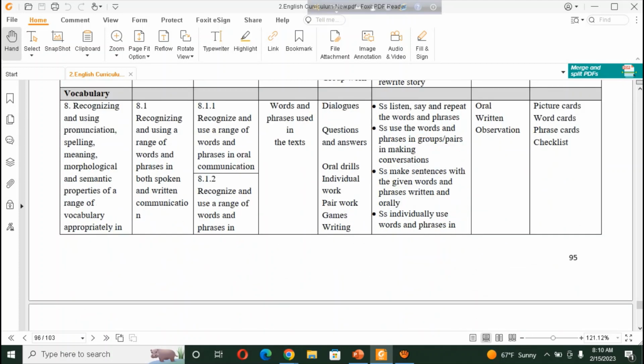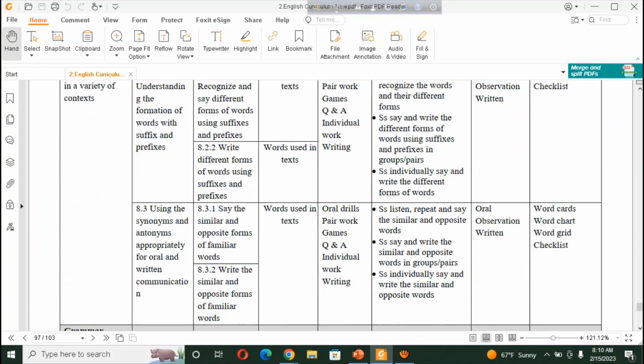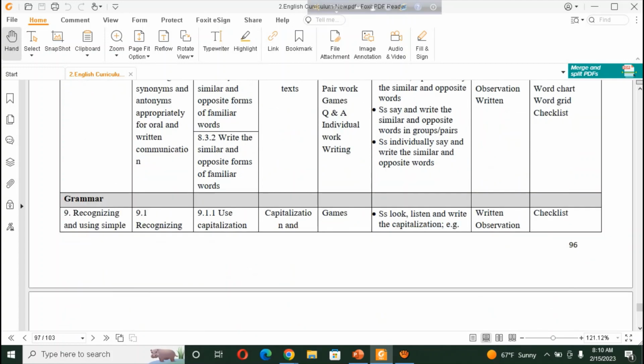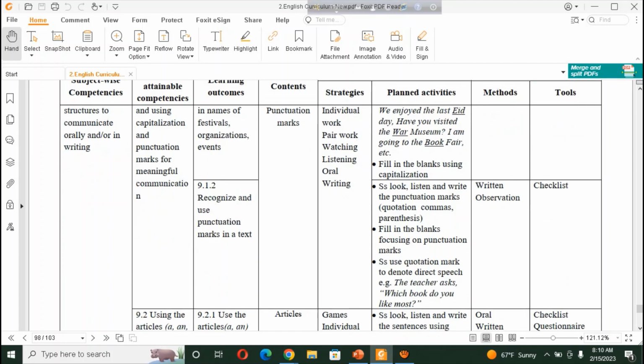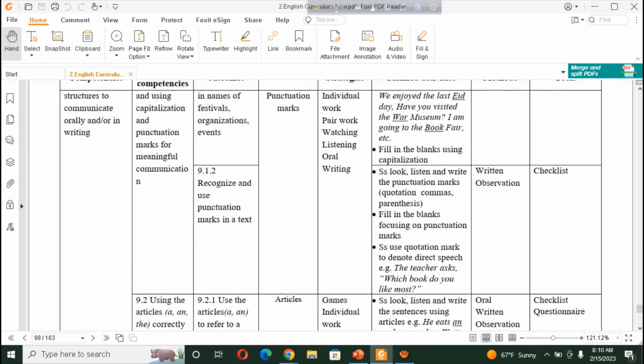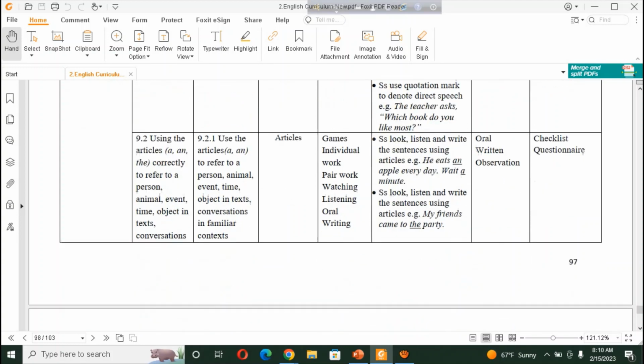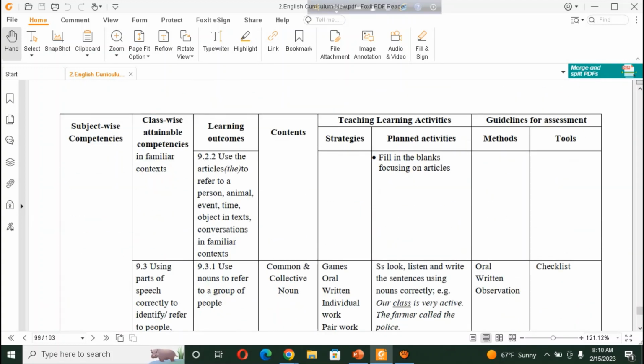Vocabulary: recognize and use a range of words and phrases in oral communication, using synonyms and antonyms. For grammar, recognize the use of punctuation marks in text, use articles in a specific area.